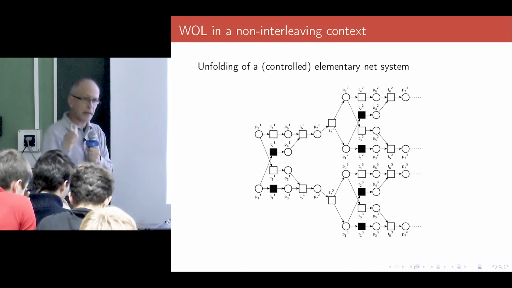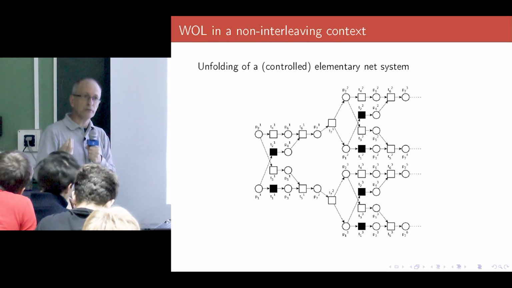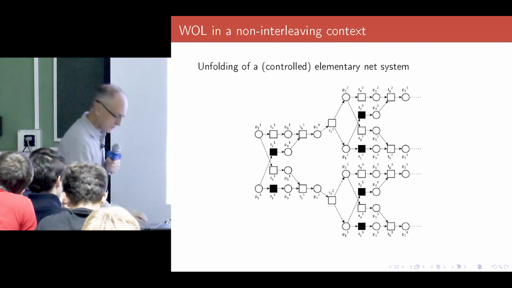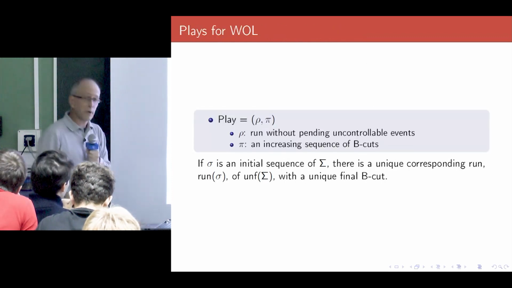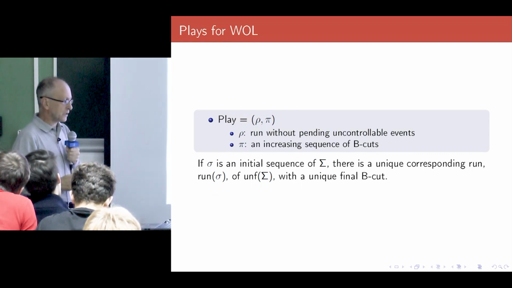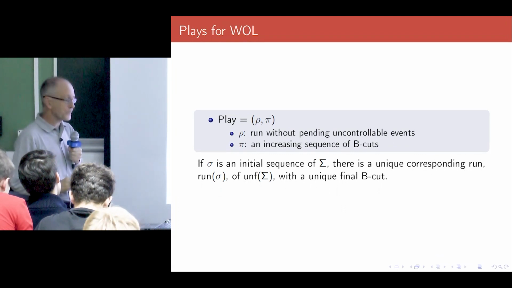So, in order to apply our idea of game, we must compute the unfolding of the net, and then try to apply the game to this unfolding. So a play will be, again, as we defined before, a run, a possible history of the system in the unfolding.